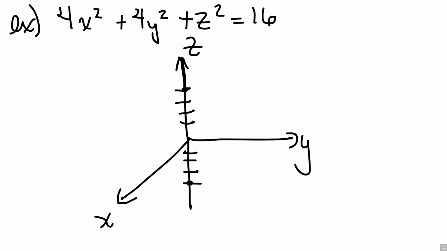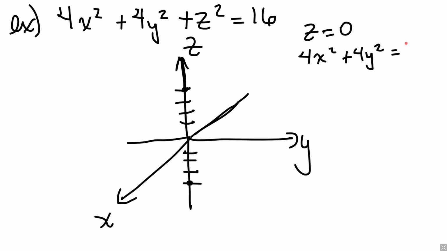So now I'm going to collapse this into the xy plane. So I'm going to make z 0. Let's see what's happening there. If I make z 0, I'm going to end up with 4x squared plus 4y squared is equal to 16.